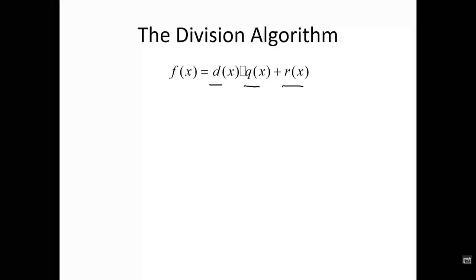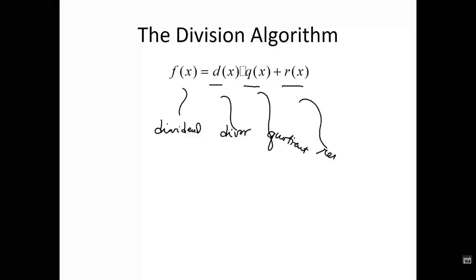We have here f of x, the dividend, our divisor, and of course the quotient and the remainder. So we could express the dividend as the product of the divisor times the quotient plus the remainder.